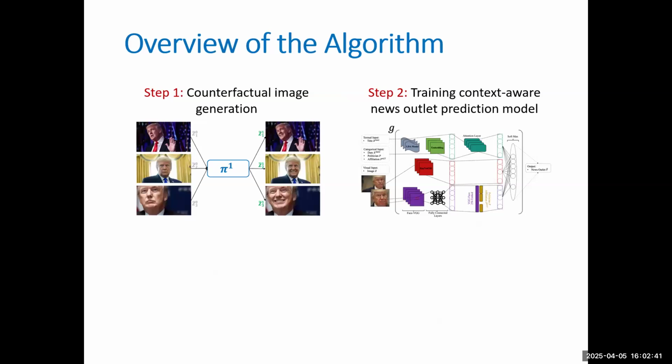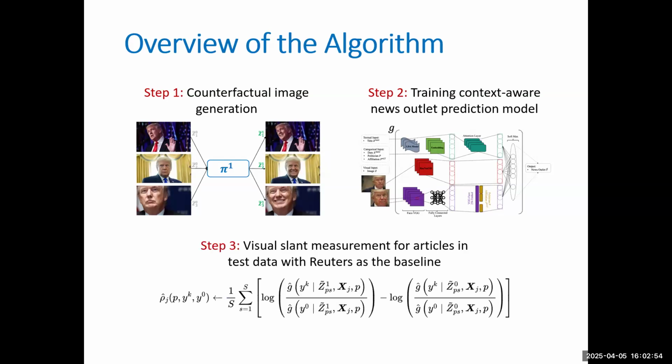This is the first step. We have these pairs of counterfactual images for each politician, and this is the training part of it. We train a prediction model. In the final step, you feed in the test data and use these estimates to measure visual slant.